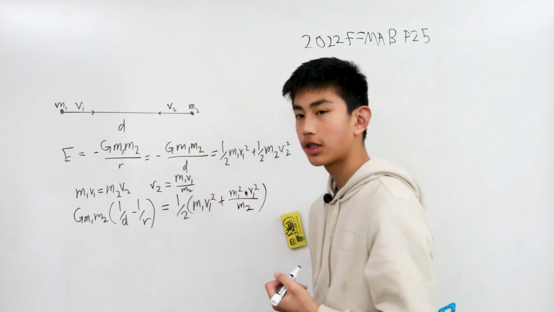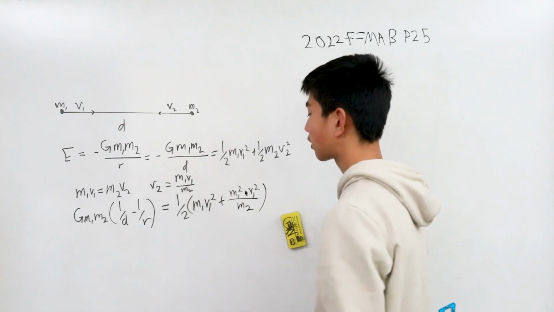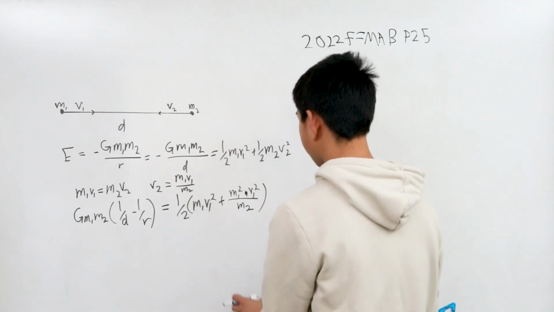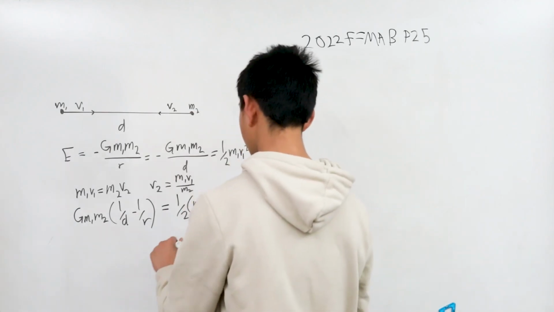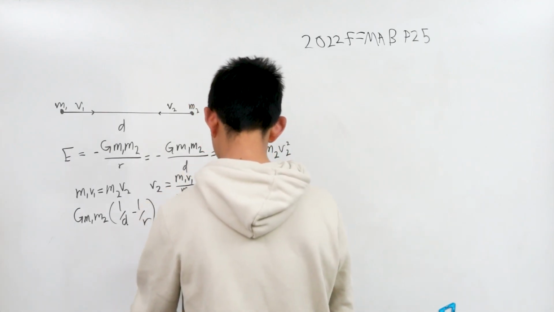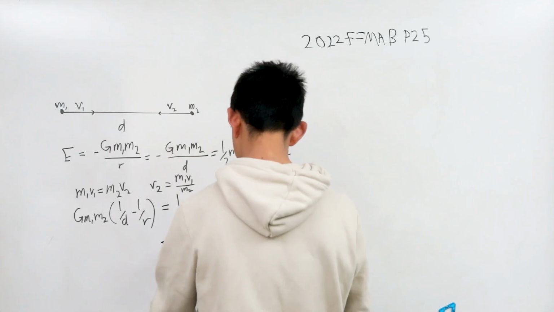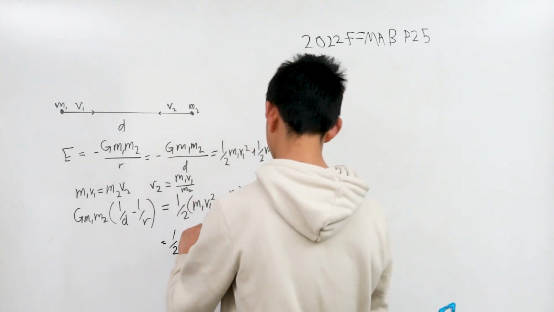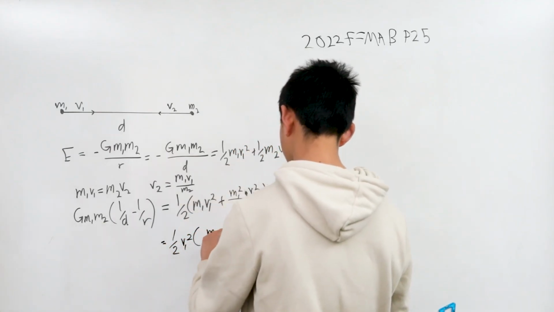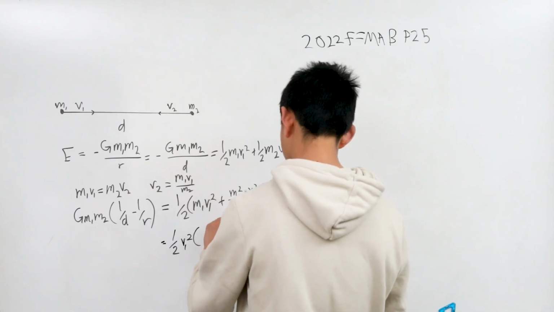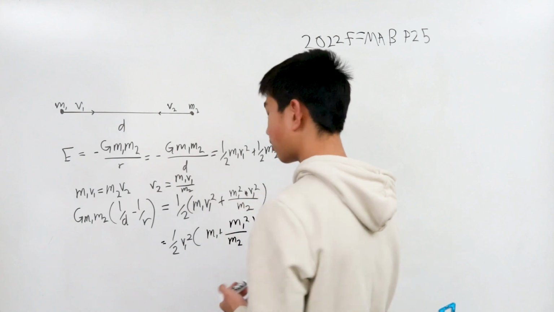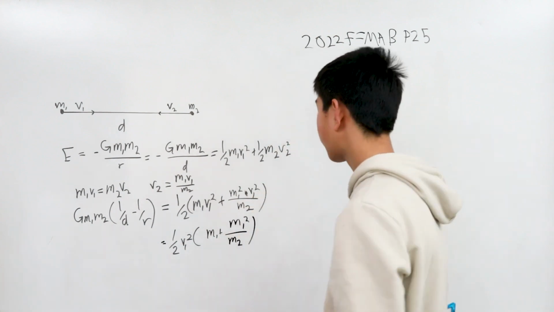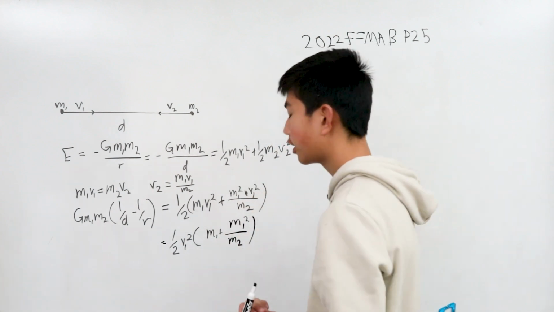At this point, you can see that in this equation you can factor out V1 squared. So this one becomes 1/2 V1 squared times M1 plus M1 squared over M2. But since we want to have the same variables, we have to incorporate a factor of M2 in here.